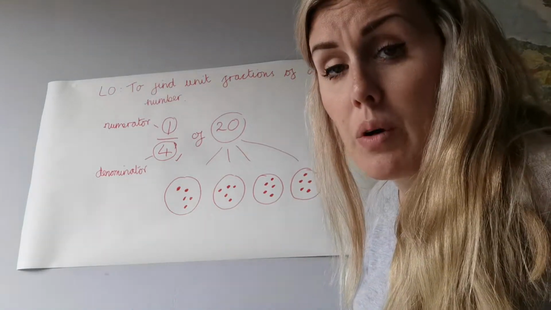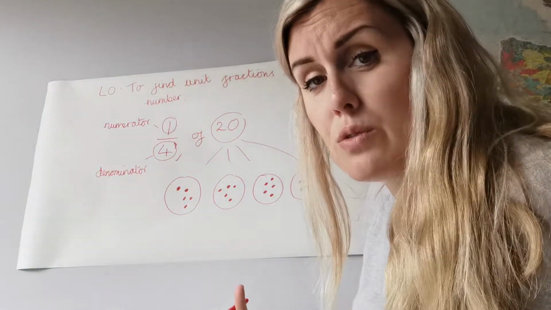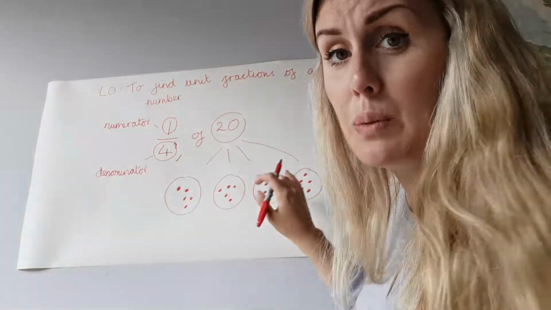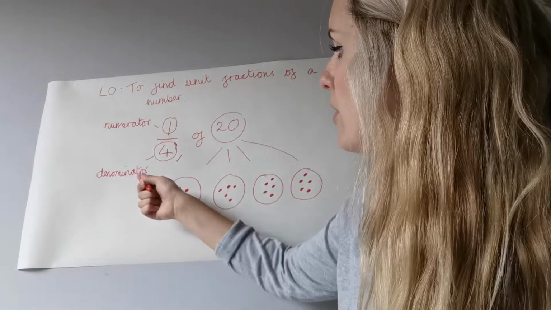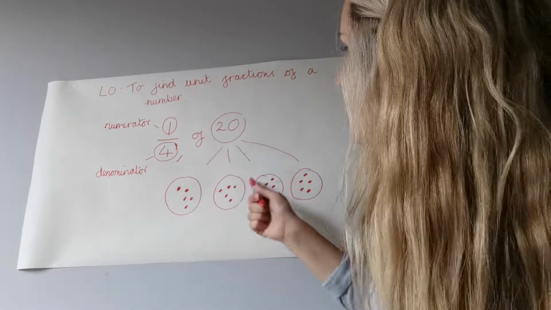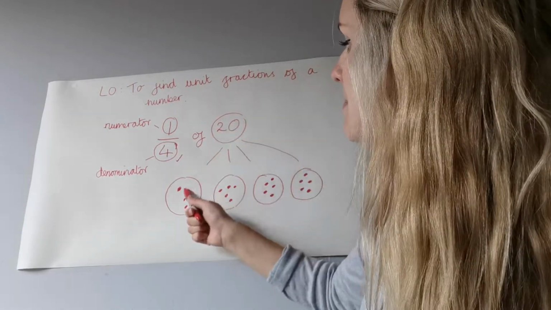I imagine that they're almost sweets and you've got 4 friends and you're sharing them equally. So I've written out my 4 groups and then I have shared my number.